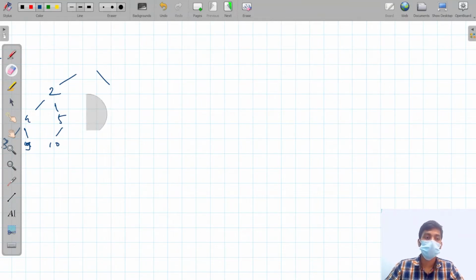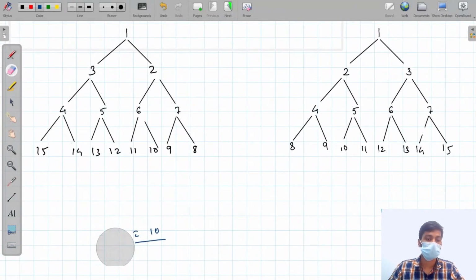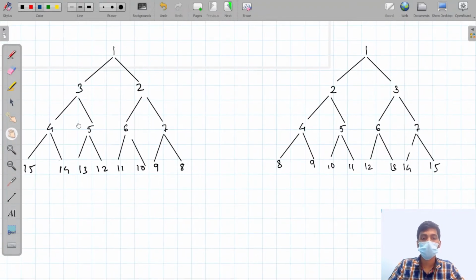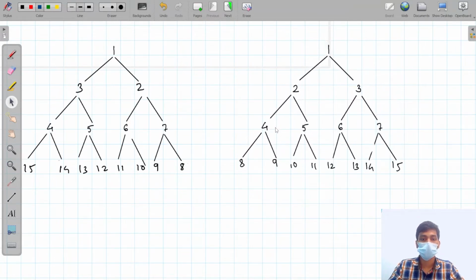Now let's move towards the question. What this question is saying is that we are provided with a binary tree. If this is visible to you, just bring it here.